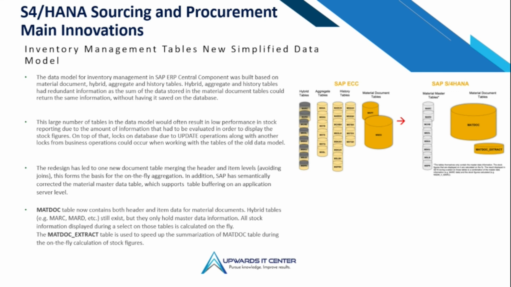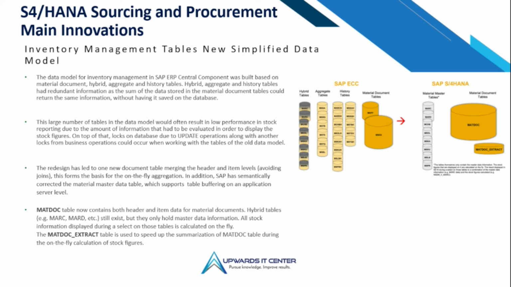The data model for inventory management in SAP ERP Central Component was built based on material document, hybrid, aggregate, and history tables. Hybrid, aggregate, and history tables had redundant information, as the sum of the data stored in the material document tables could return the same information without having it saved on the database.